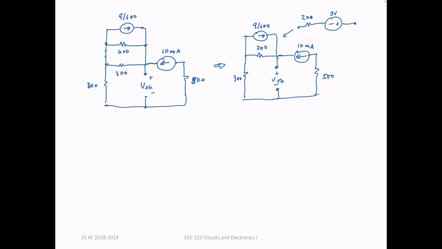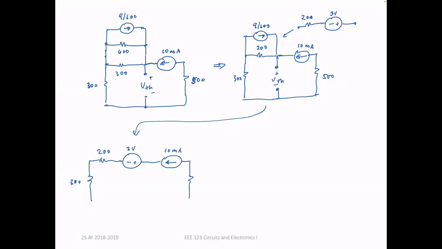So again, if I redraw, I will have 300 here, I'll have my 200 here, I'll have 3 volts, 10 mA, and 500.